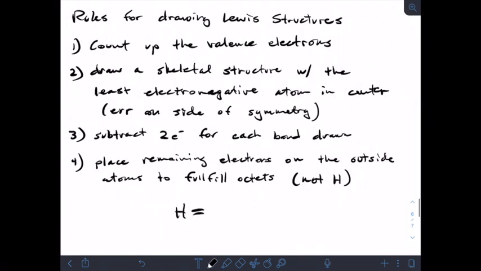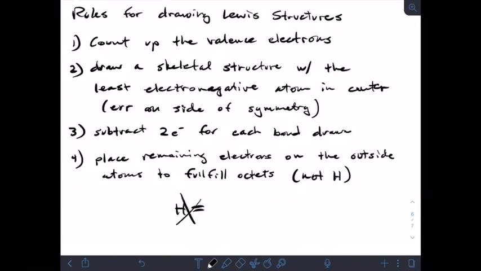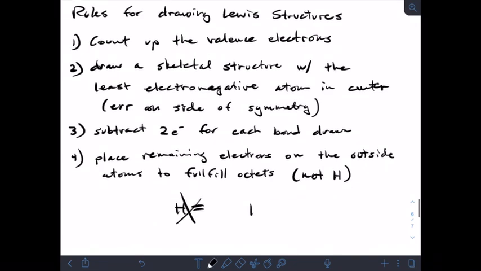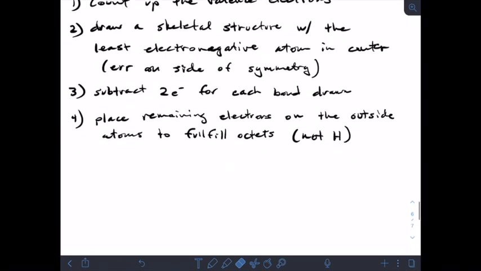You will never ever see that. That doesn't happen, nor does anything like this. Hydrogen can never have more than 2 electrons. Period. End of story.